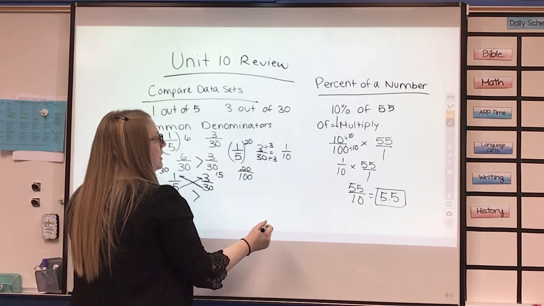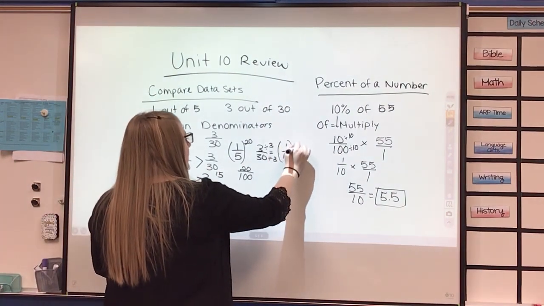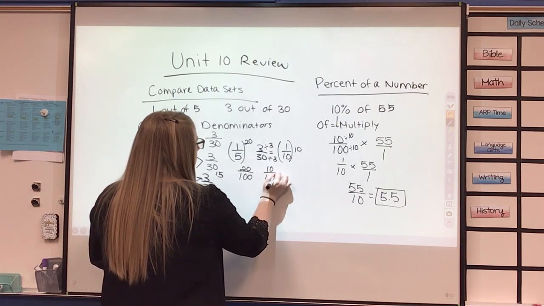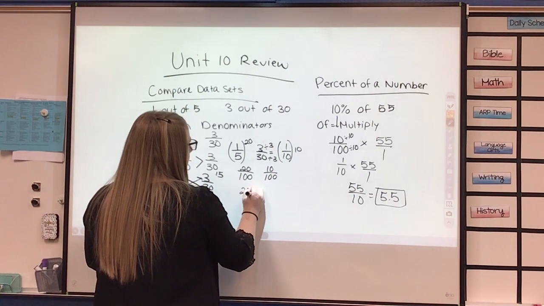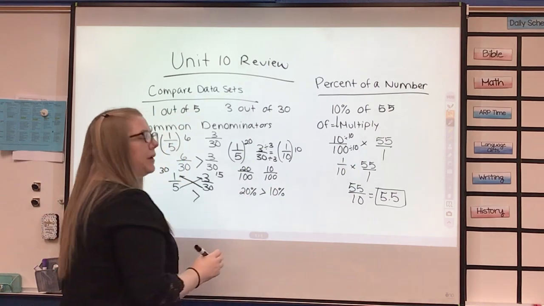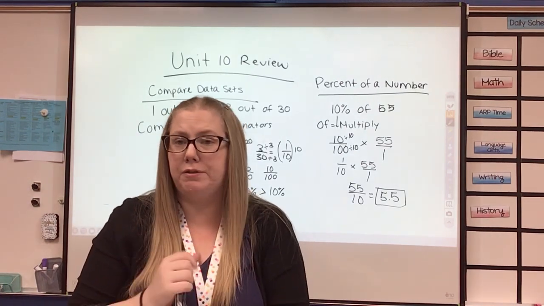Okay, so now I have 1/10. Can I turn 10 into 100? Yes, by multiplying by 10, which is 10 over 100. So now 20% and 10%, 20% is bigger.